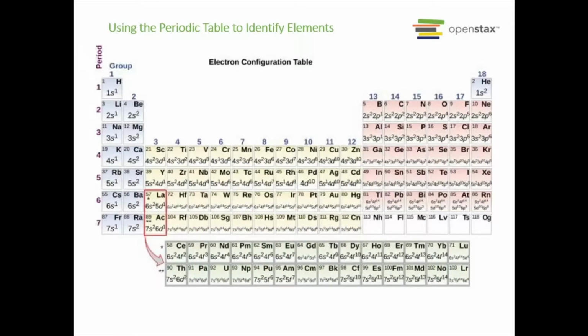Now we can use the periodic table to identify elements by using the s, p, d, and f blocks. And this is something not in your book. So for those of you watching this, hopefully this will be a time saver. If you remember, we have s block, d block, f block, and p block.